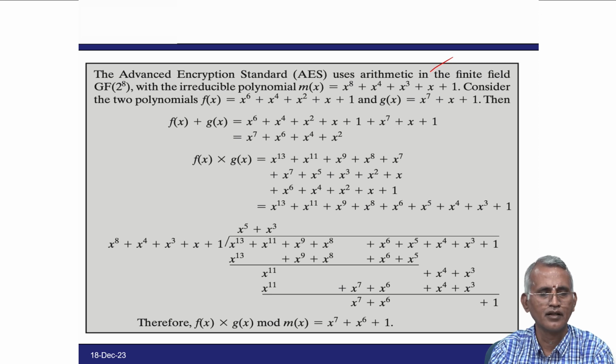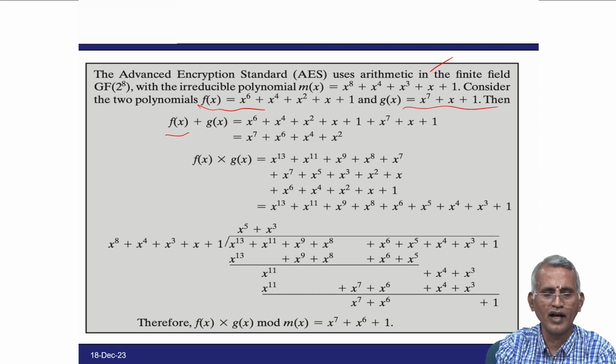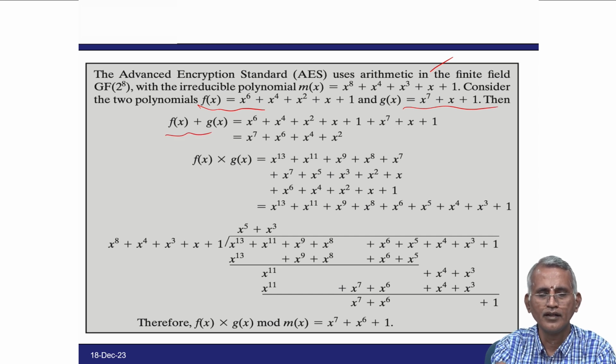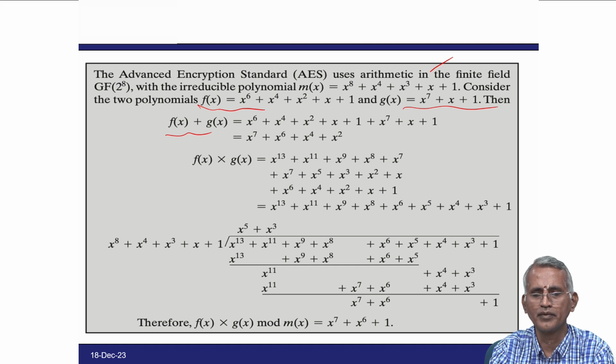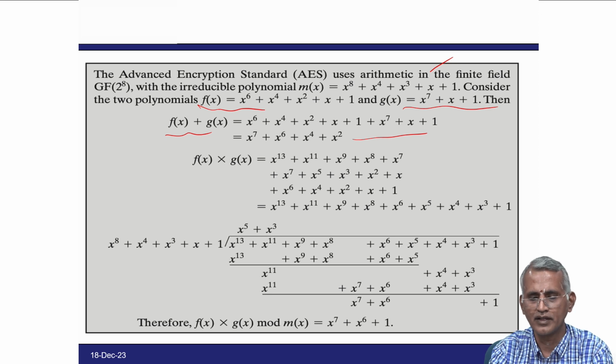Consider the two polynomials f of x and g of x. If you add them, you see x power 7 is not repeated, only one x power 6, and only one x power 4, and here only x square, and the rest of them become 0 because the polynomial terms vanish.